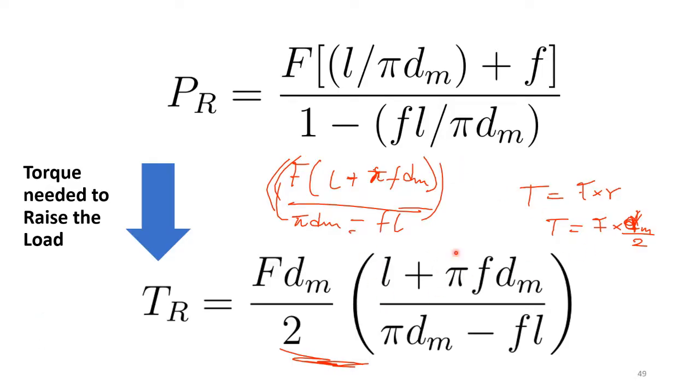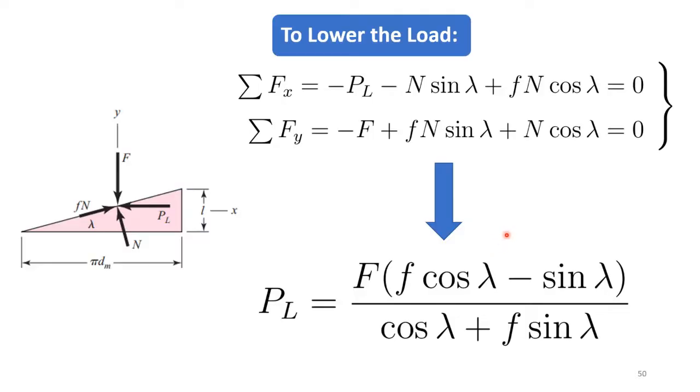Now what if we are to determine the torque that is necessary to lower the load? If the load is to be lowered, we have to be able to determine the torque that we need, and we can do that by determining the amount of force that is needed to provide that torque.